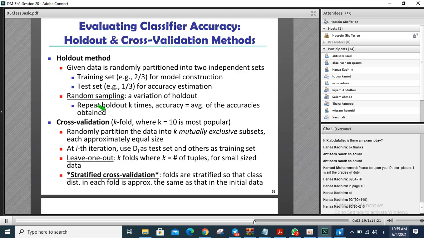One of them that affects the classifier accuracy very strongly is the way that we split our data set into two separate parts. One of them is the test set and the other is the train set. I want to split those parts from each other. How can I do this?